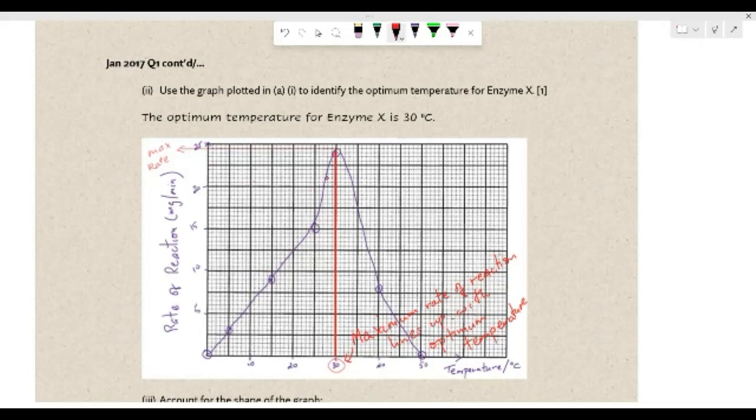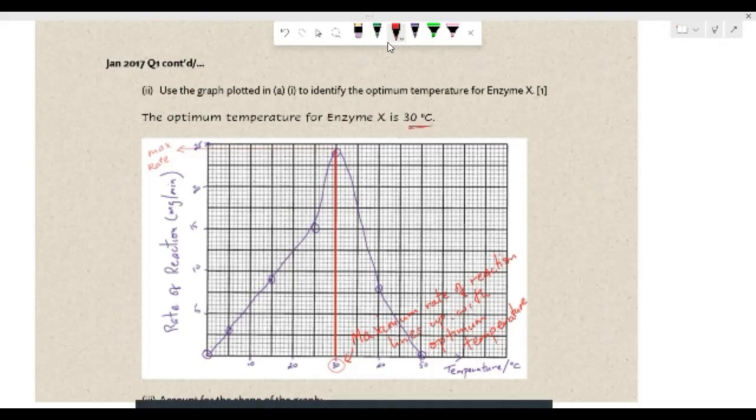So the graph gets to a peak at this point here. So this is our maximum rate. And then when you follow, you check to see what the value on the x-axis is. That's the temperature, right? So as we see here, maximum rate of reaction lines up with optimum temperature, right? So our optimum temperature is 30 degrees Celsius, all right?